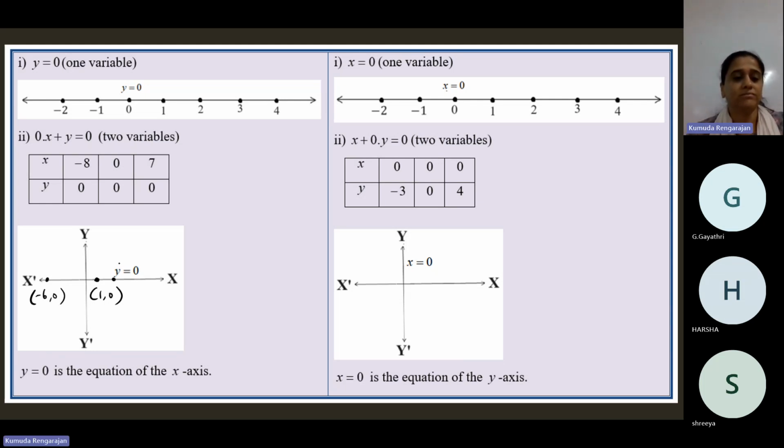This one? 2, 0. What do you observe? y is 0. That's why y is equal to 0 is the equation of the x-axis. Tell me the address of this point. 0, 7. Okay. What about this one?